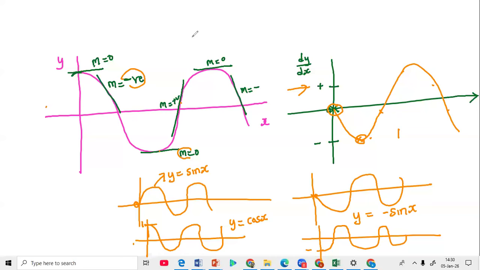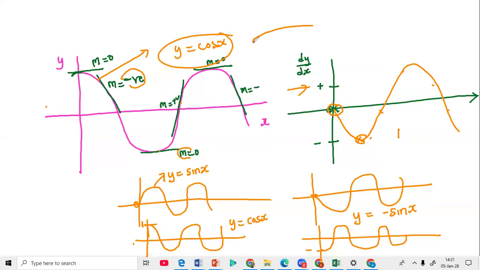The second one, which graph would that be? Shiba, yes. Now that one will be for negative cos. Perfect. So members, when you look at this graph here, this is what we call y is equal to cos x. So this graph was of cos x.